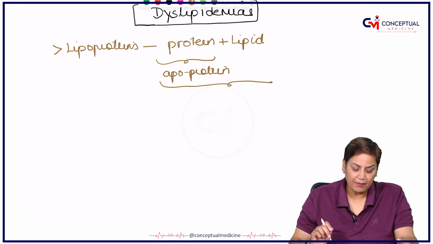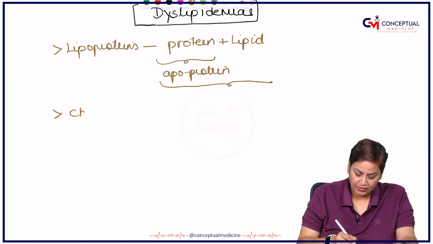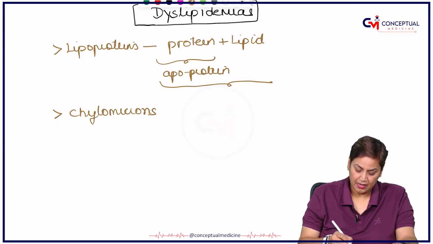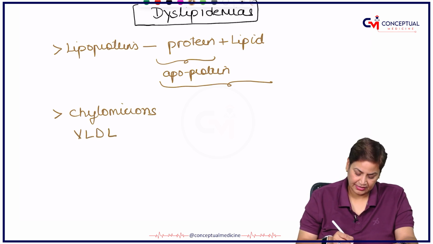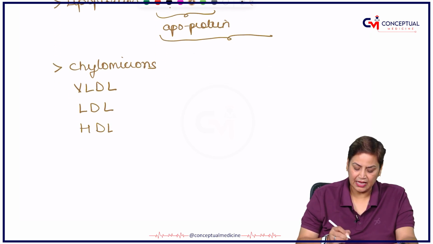So always remember there are four principal types of lipoproteins: the chylomicrons, then VLDL, very low density lipoproteins, LDL, low density lipoproteins, and HDL, high density lipoproteins.